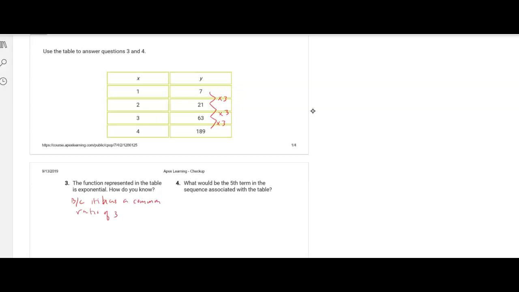What would the fifth term in this be? Well, when I multiply the fourth term, 189, times 3, a sub 5 would be 567.